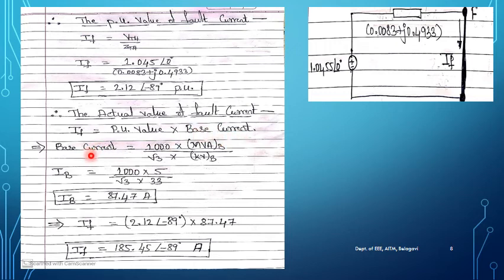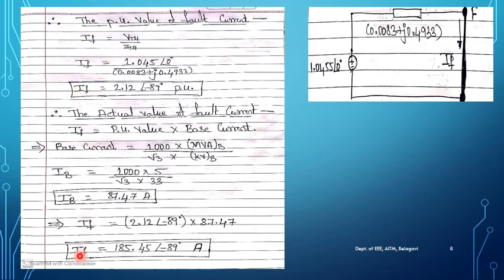To find out the base current value, the formula is this one, which we already used in our various problems. So the IB will be equal to this much, 87.47. After substituting the power and the voltage value, we get the base current. Then multiply this base value of the current with this per unit value of the fault current to get the actual value of the fault current.